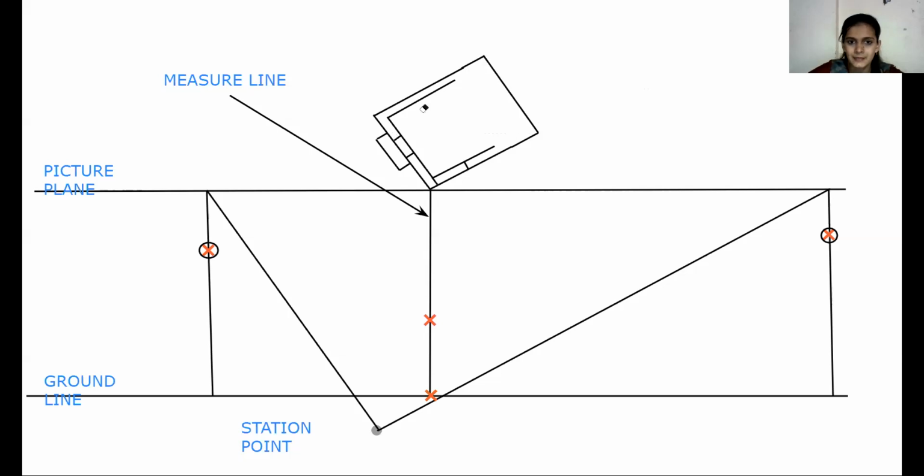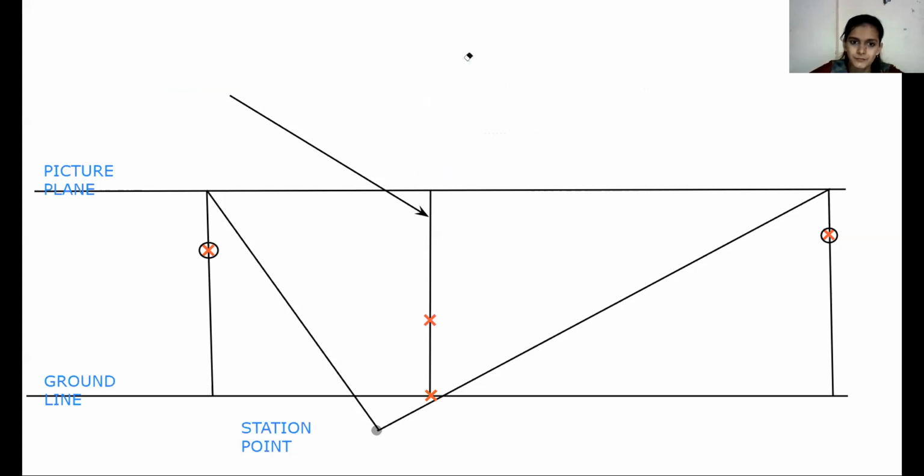So I'm erasing this completely and I'm showing you how to draw a plan. Here 4.6 centimeter away line at 30-degree angle, and here 3.6 centimeter away.